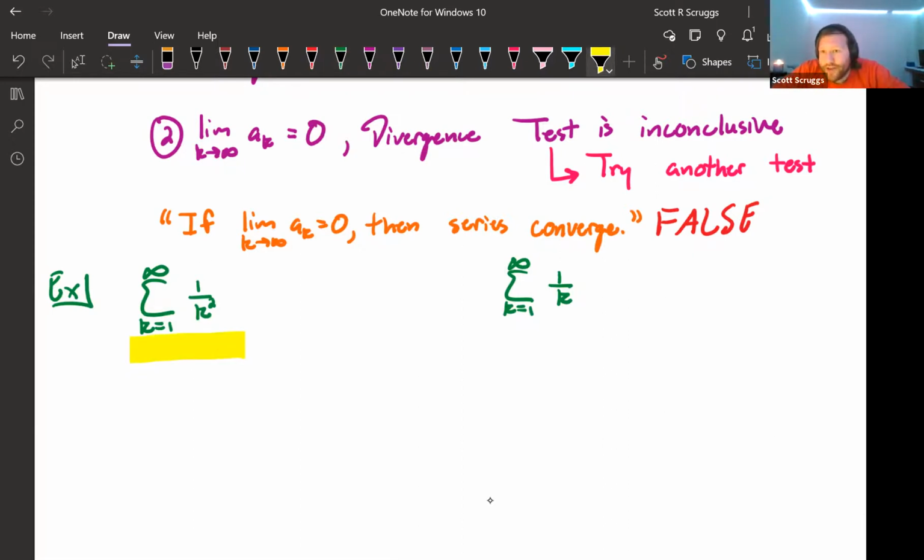So for that first series, will that series converge or will that series diverge? Converge. Why? By the p-series test, it's greater than 1. Okay, and what's p? 2.